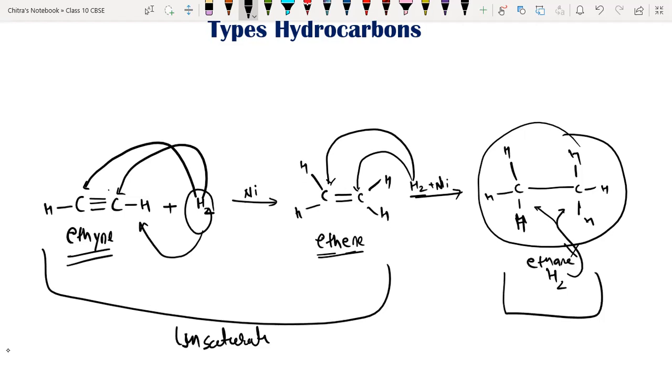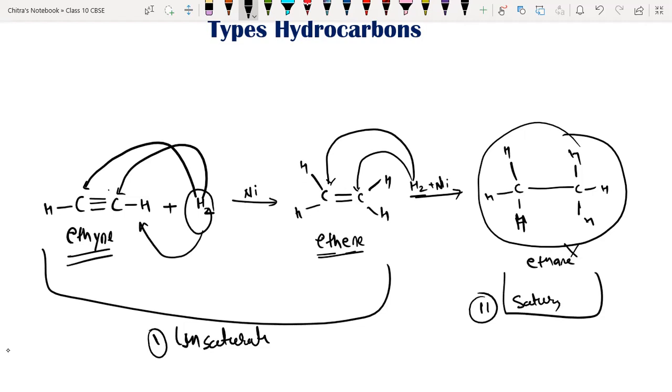We are not going to add more hydrogen atoms here. That means ethane is saturated. So now we have two types of hydrocarbon: unsaturated hydrocarbon and saturated hydrocarbon.